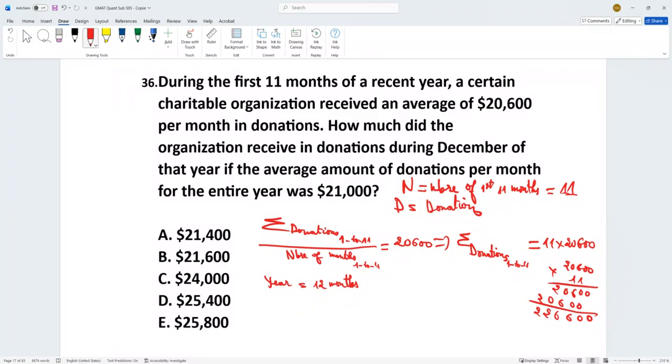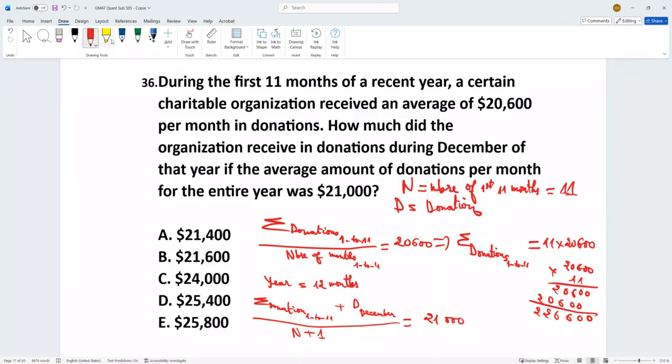The sum of the donations in the first 11 months plus donations in December, over n plus 1, that is 12, is equal to 21,000.